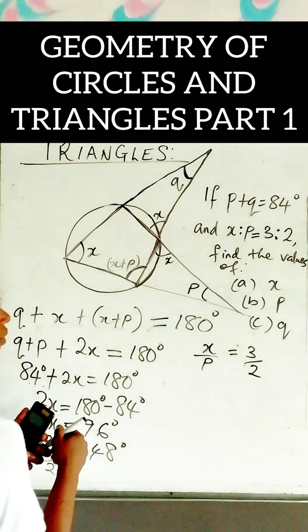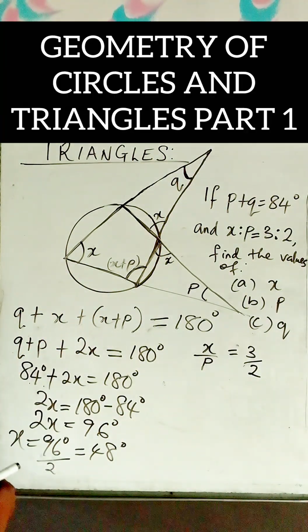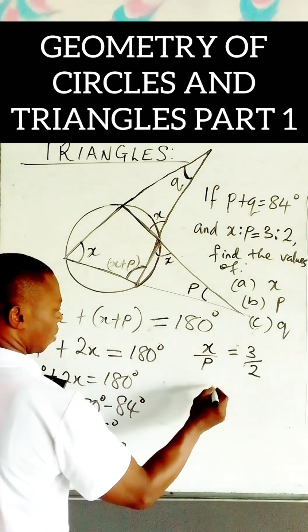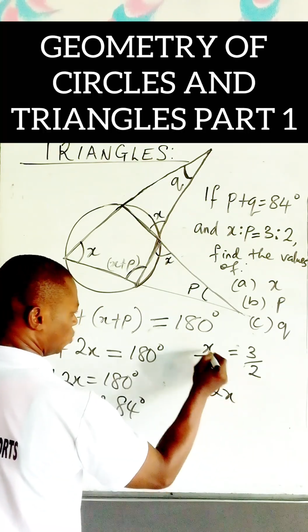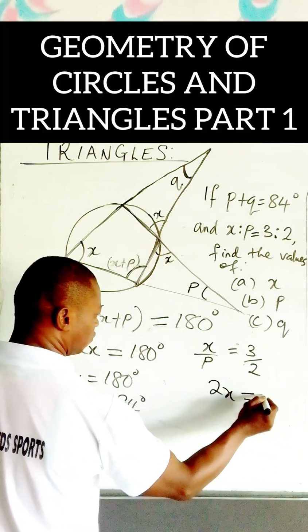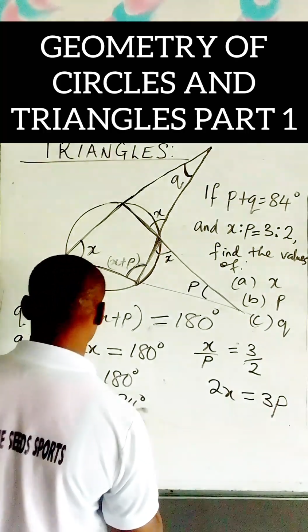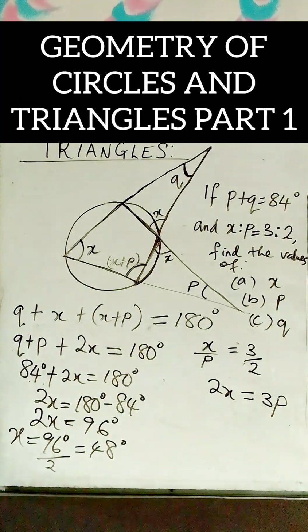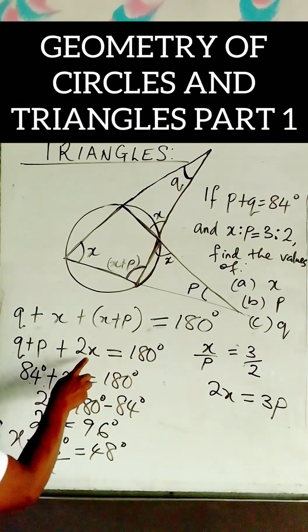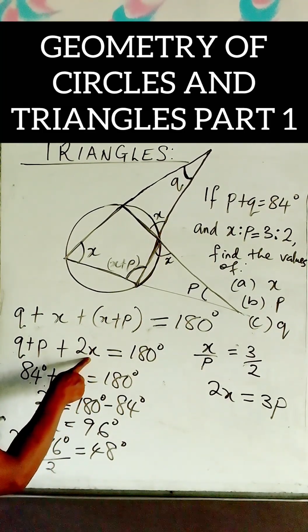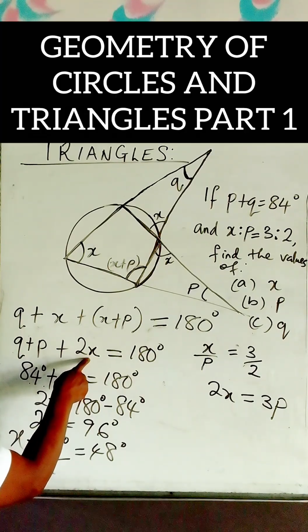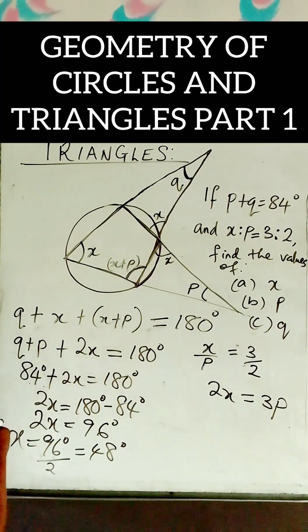From there, we can say that the value of 2x will also be the value of 3p. So whenever we have 2x, we can put 3p.